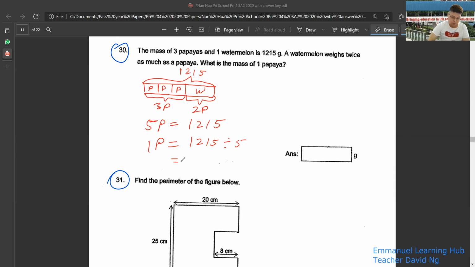Okay. Because by right now, you should know how to do long division. What is 1215 divided by 5?